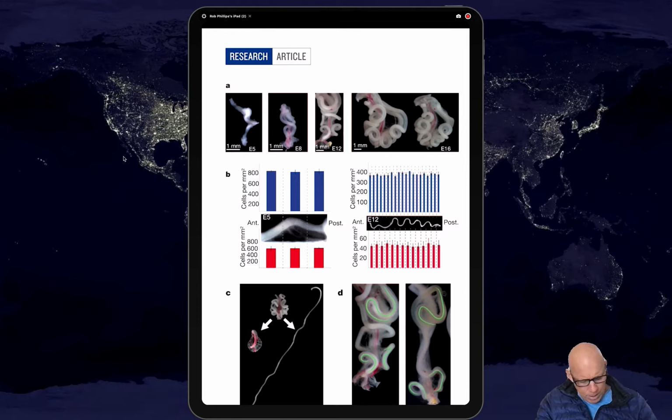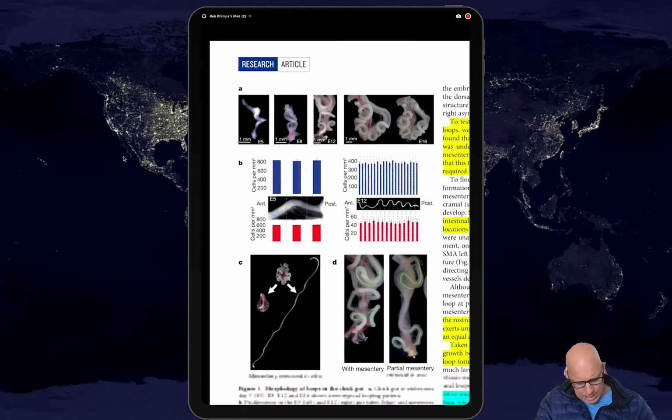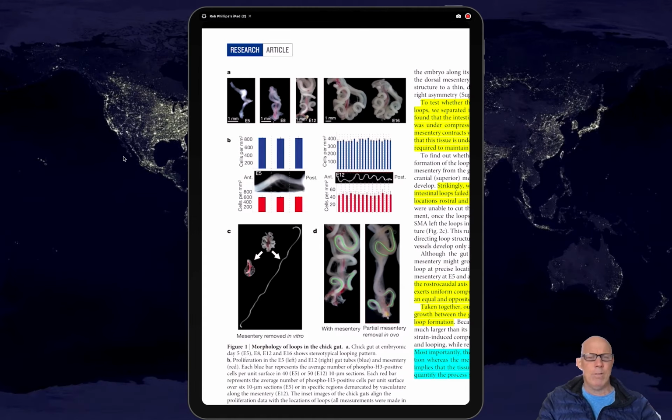Now, the thing that they do is they posit a bunch of hypotheses for what might give rise to the folding of the gut, and just to give you a sense of the carefulness of the way that they carried this work out. In part B, what you see is that they counted the number of cells, and the reason that they did this is that you could imagine that buckling could be induced by having more cells on top than on bottom.